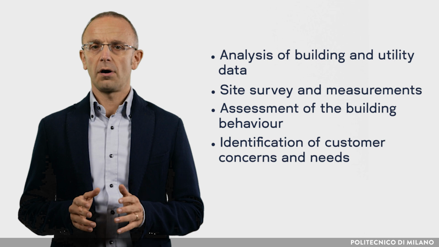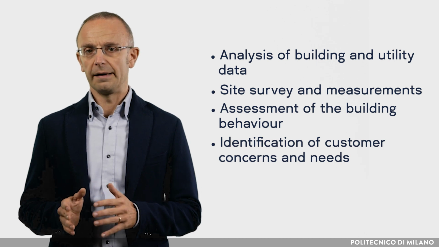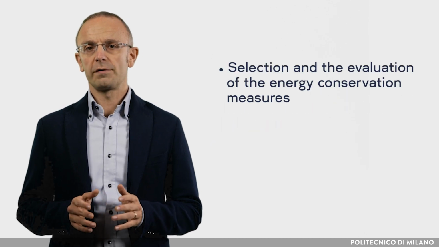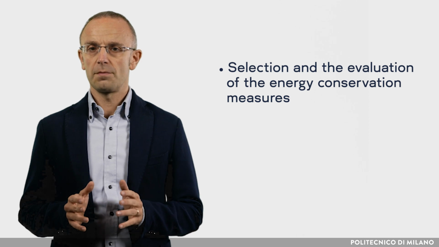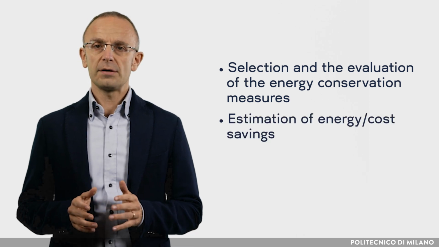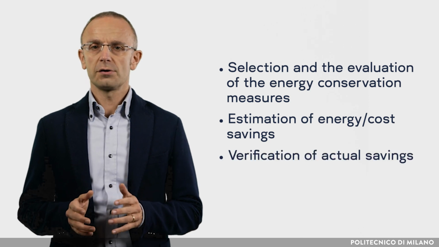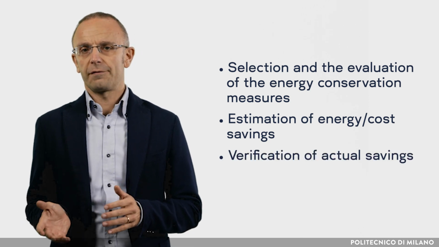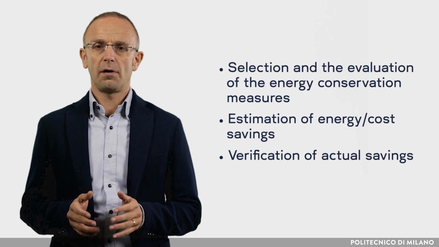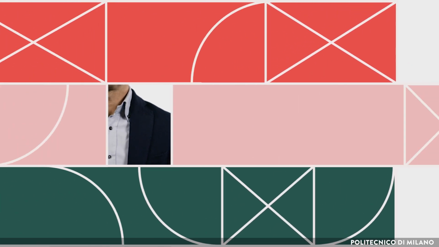The identification of customer concerns and needs. The selection of the evaluation of energy conservation measures. The estimation of energy and cost-saving potential. The verification of actual savings after energy retrofit by means of specific monitoring activity.